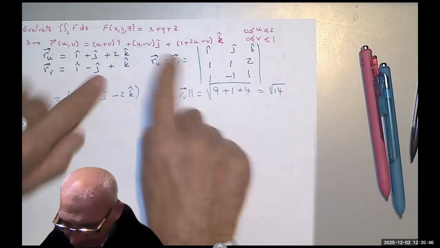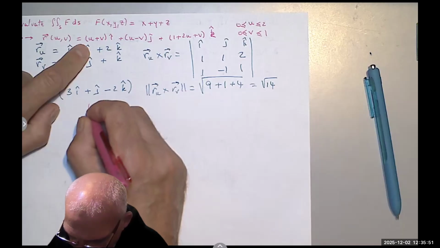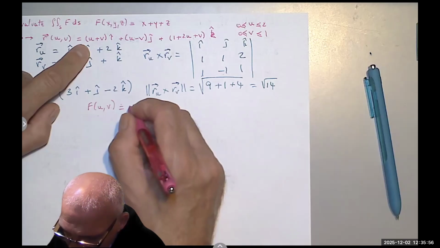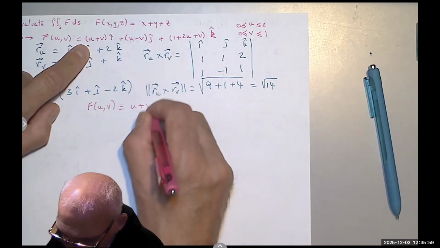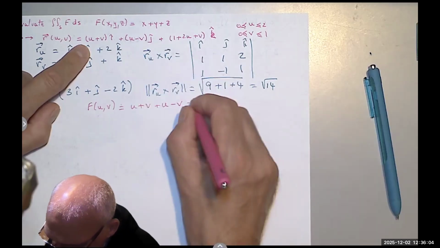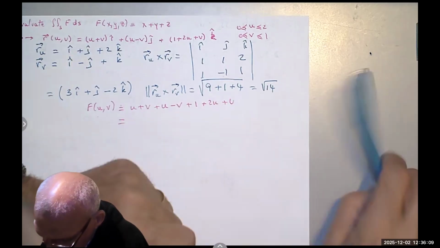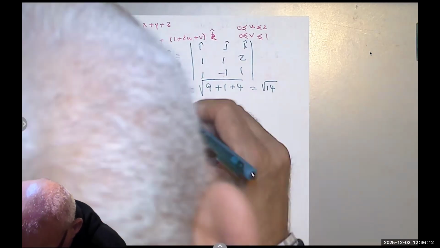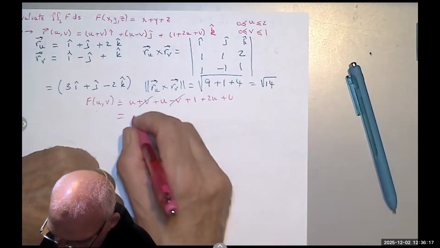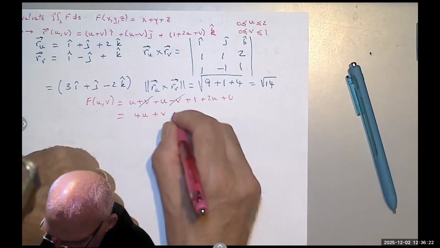Yeah, so f of u and v is x, u plus v, plus y, u minus v, plus z, 1 plus 2u plus v, equals, v minus v cancel. So I get 4u plus v plus 1.